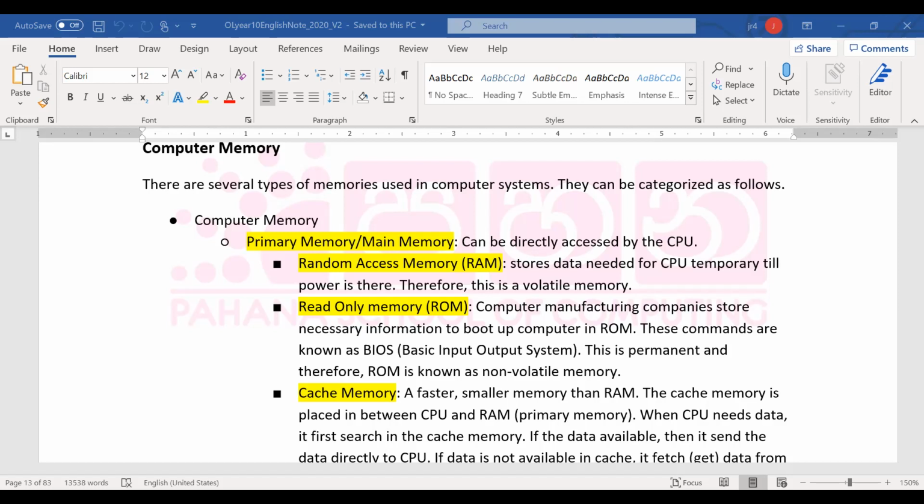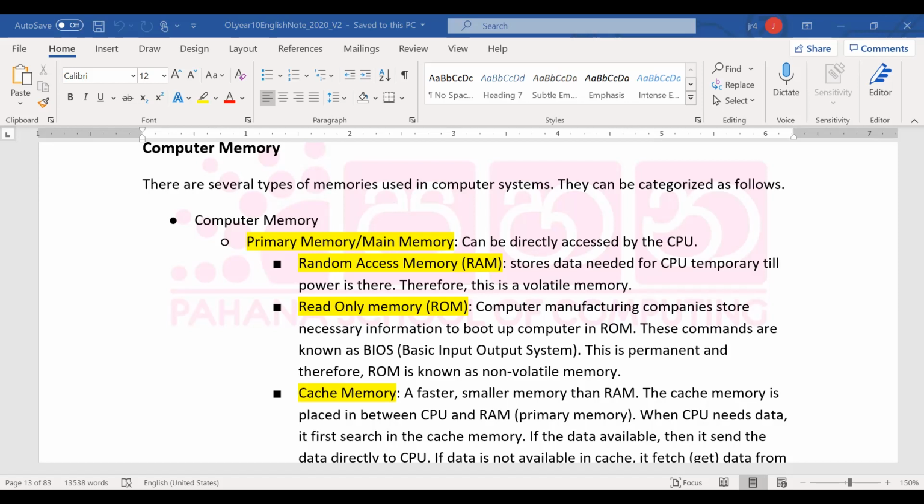But there's another one called ROM, read-only memory, and usually the read-only memory consists of the data you need to start the computer.